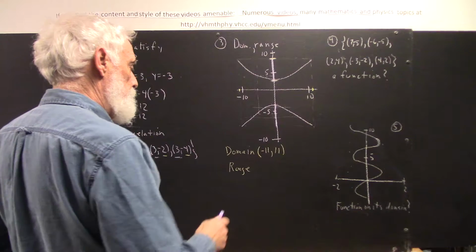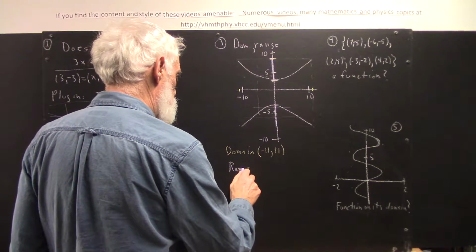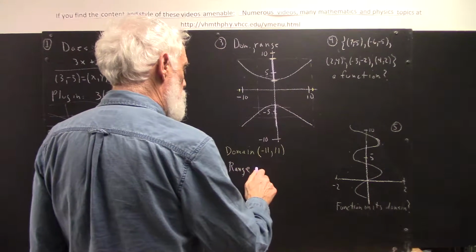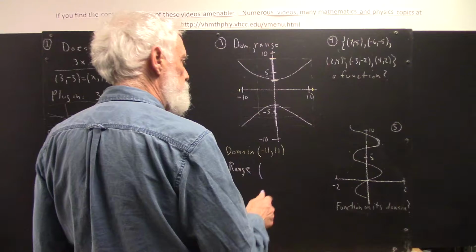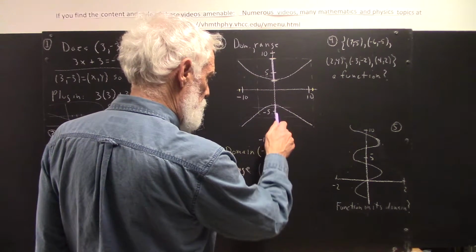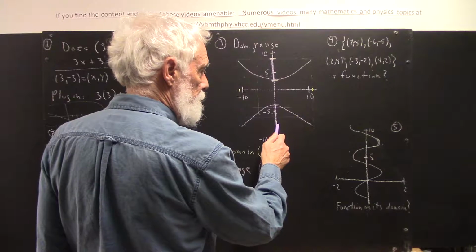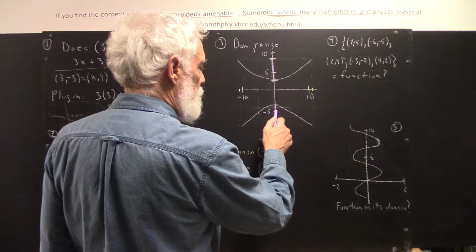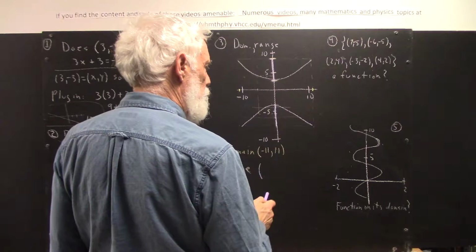In any case, the range appears to go from about, what is this? There's -5, there's -10. Maybe that's -8. And maybe that's, if 5 is here and 0 is here, that looks like -3 or -4.